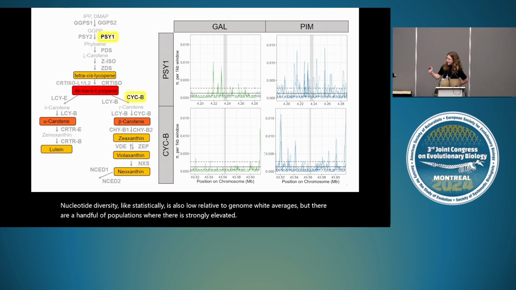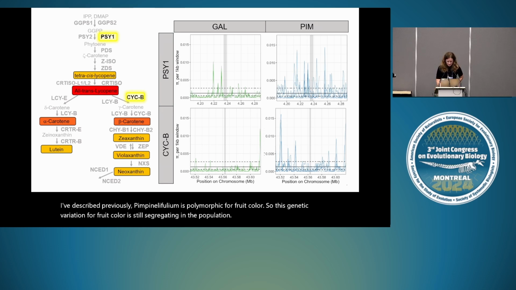That nucleotide diversity is also elevated in Pimpinellifolium relative to Galapagensii. This result isn't particularly surprising. As I've described previously, Pimpinellifolium is polymorphic for fruit color, so this genetic variation for fruit color is still segregating in the populations.